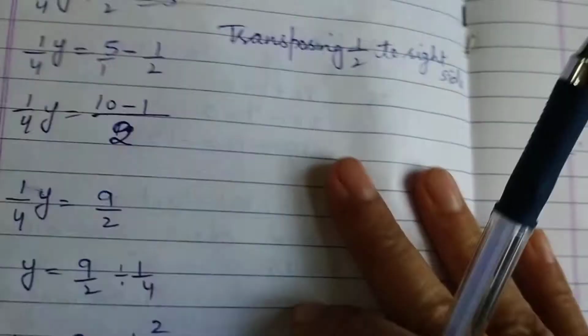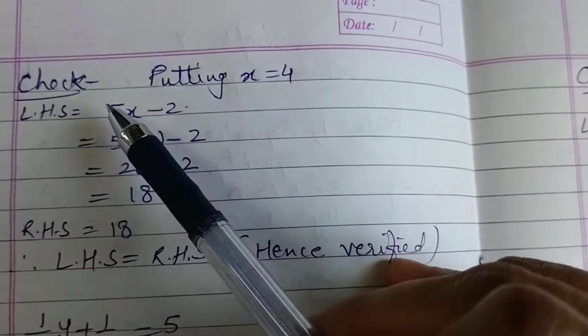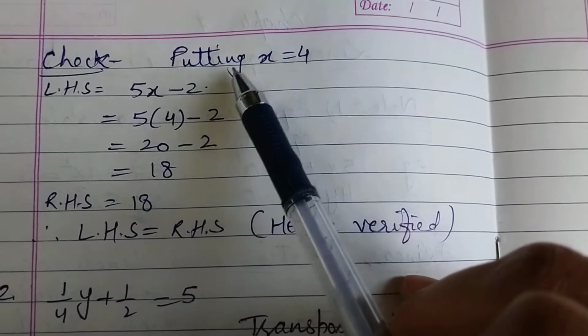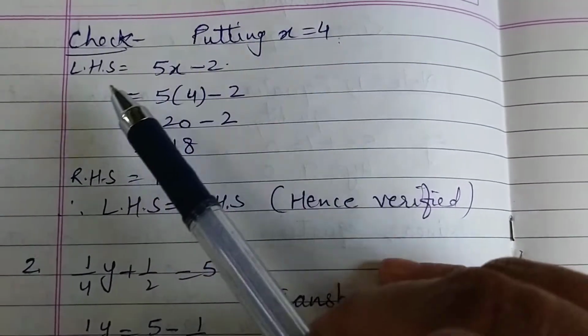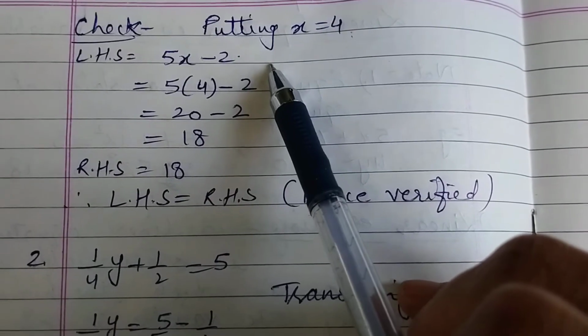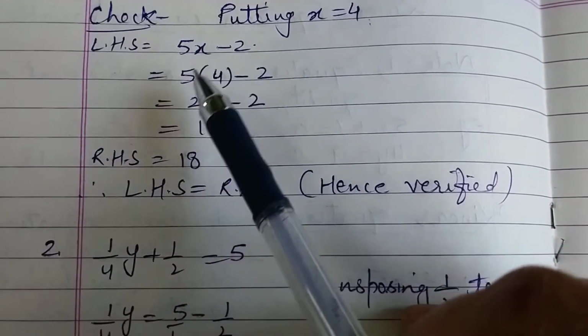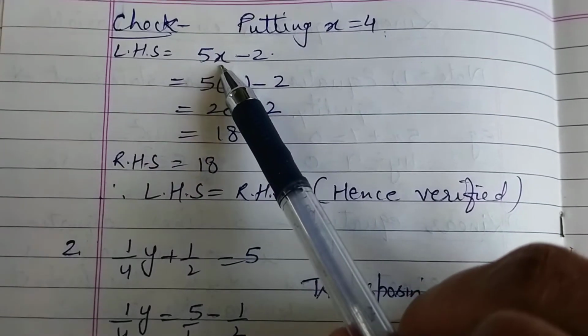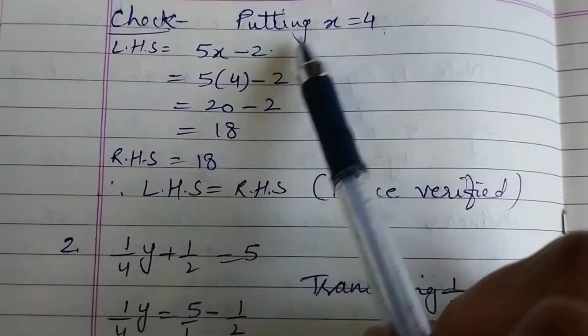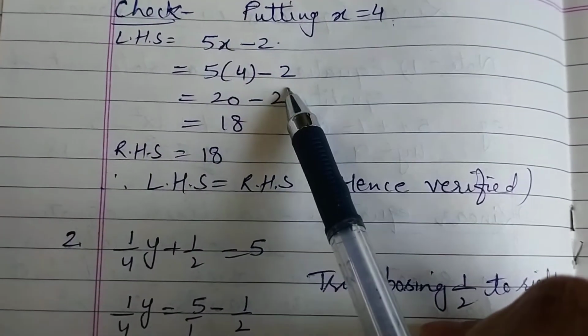Now check: we will check this equation by putting x equals 4. This was our solution. We will put this in LHS. Okay, LHS was 5x - 2. Here we will put the value of x, then -2.